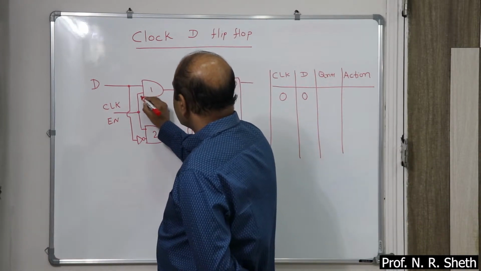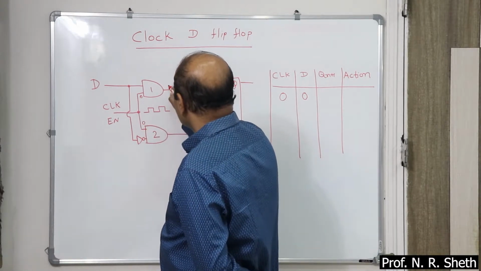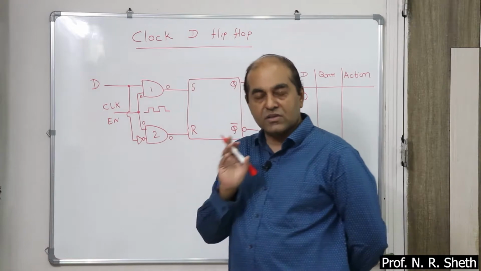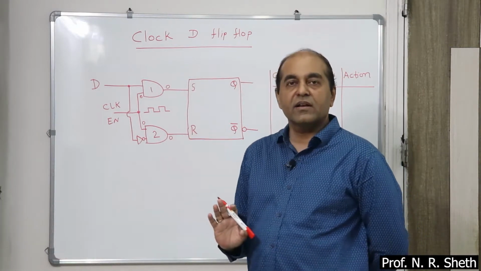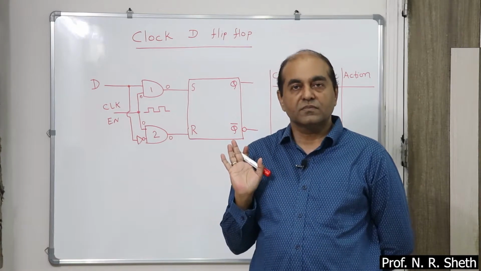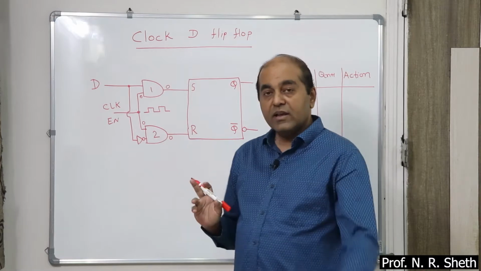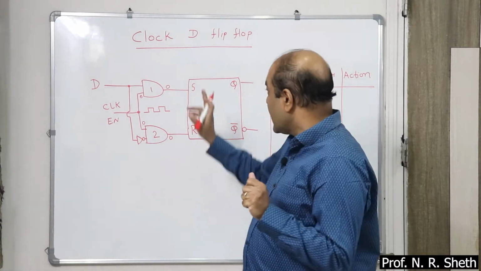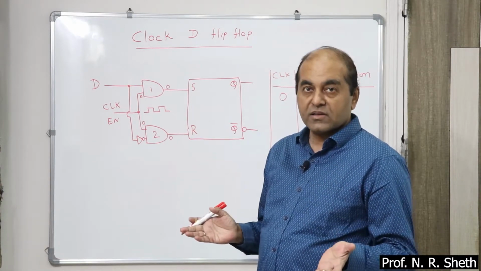So if clock is 0, these two are 0, so whatever D is, either 0 or 1, the output of both the AND gates is 0. That is clear? Because in an AND gate, when any input is 0, the output is 0. So S is 0, R is 0. S is 0, R is 0.